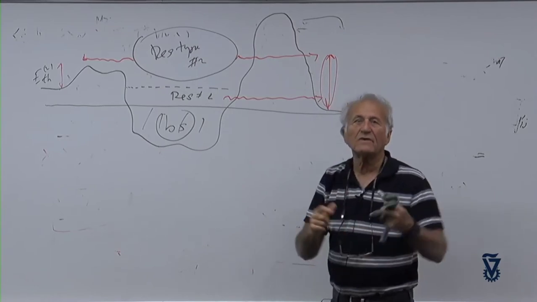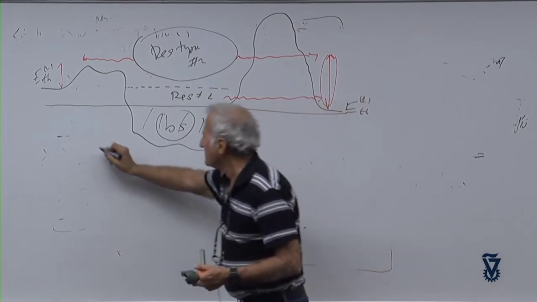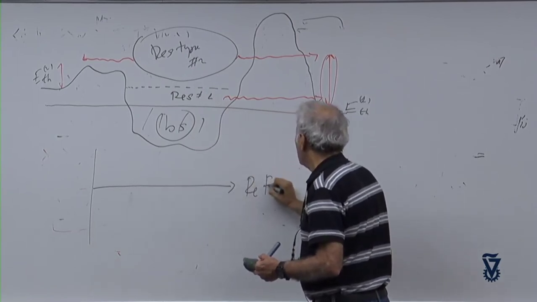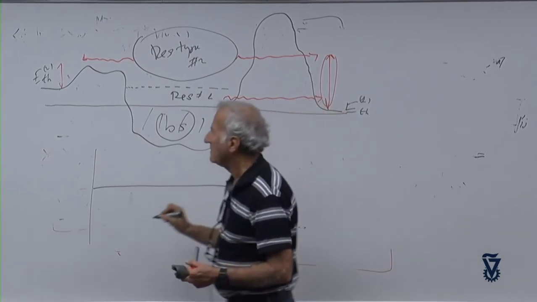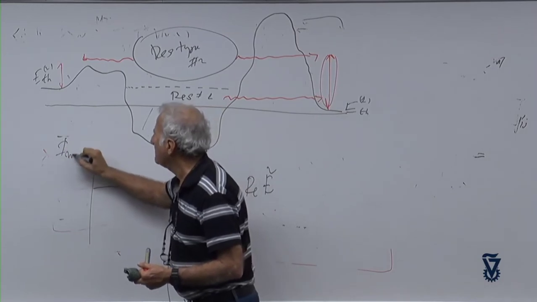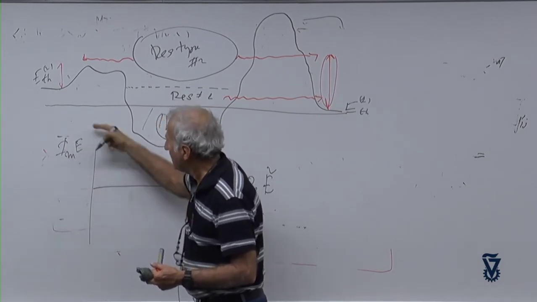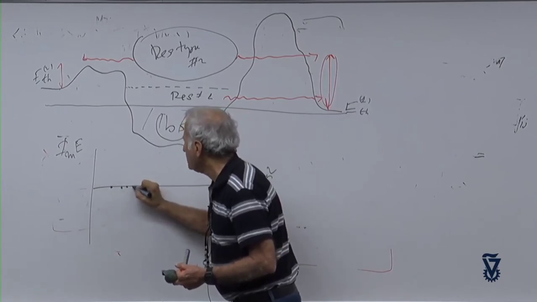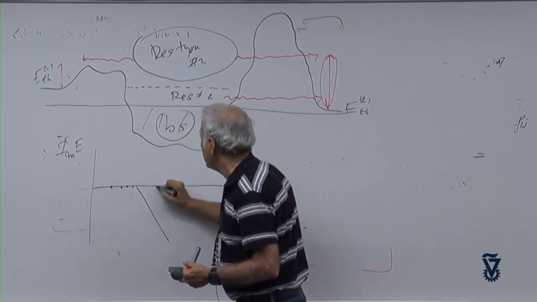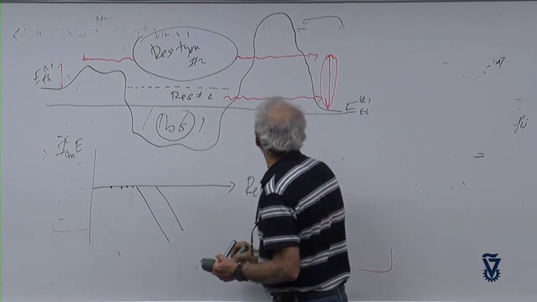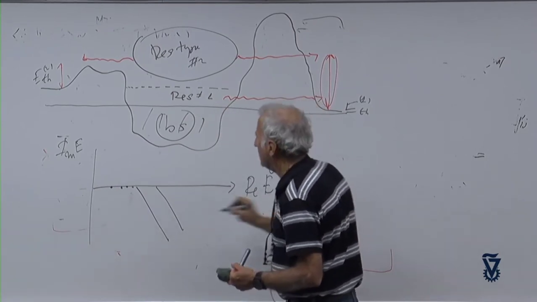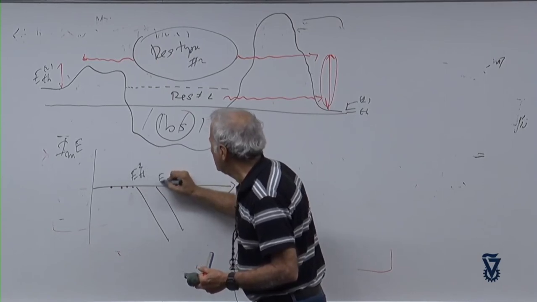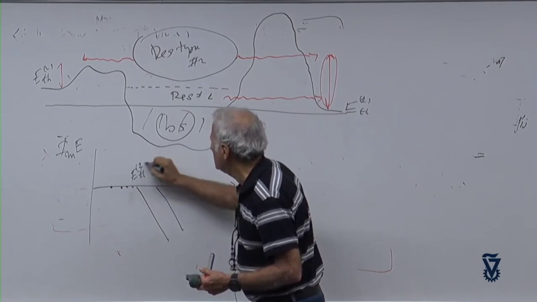How can you see it in your calculations? In your calculations, when you plot the real eigenvalues as a function of the imaginary eigenvalues, or the imaginary as a function of the real one, you'll see the bound states. You'll see the 2 rotating continua. This will be the E threshold 1, and this will be E threshold 2.